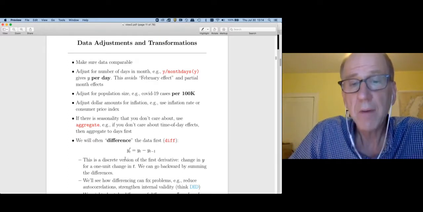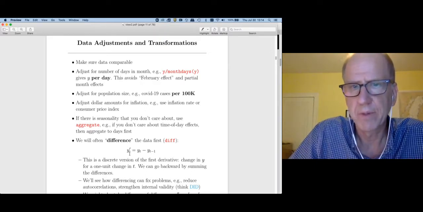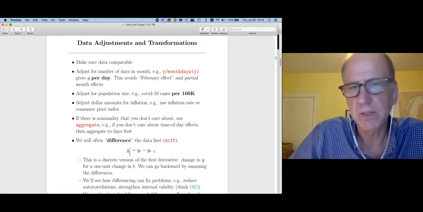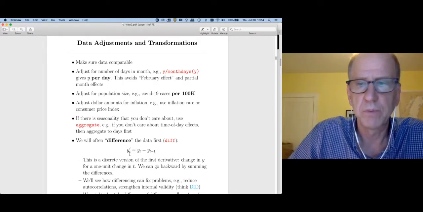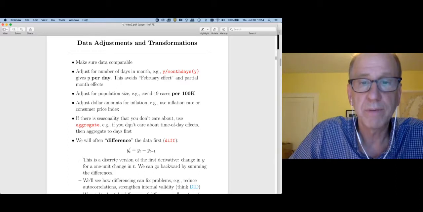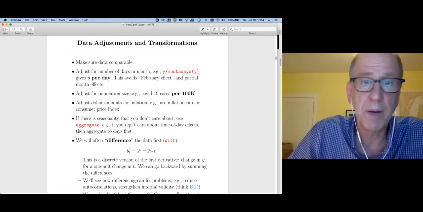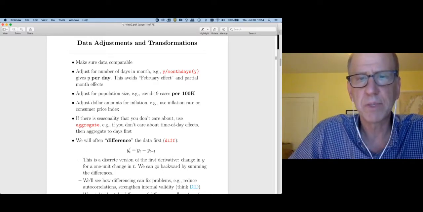You're saying how much is y changing over time. And so, for example, we're going to be analyzing COVID data in this class, and we're going to take it right from the New York Times GitHub website. What they report is the total number of cases that have occurred as of this date. All right, so that's what y sub t is.